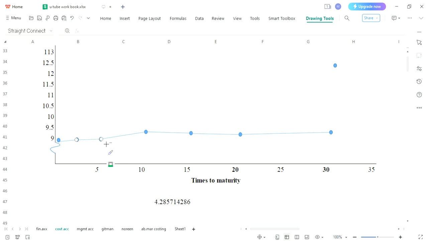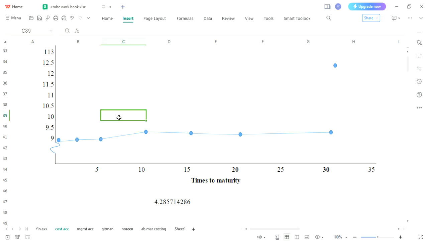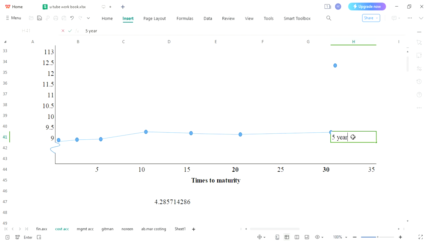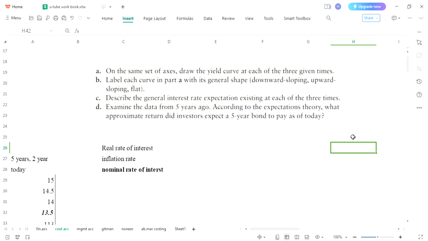Okay, it is completed. Now I'm satisfied that this graph is absolutely according to the mark. So this blue line we have produced for 5 years before. 5 years before, I'm showing you it again.